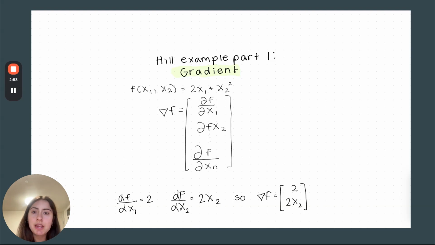The gradient can be found by finding the partial derivative with respect to x1 and x2, and then writing it in vector form.